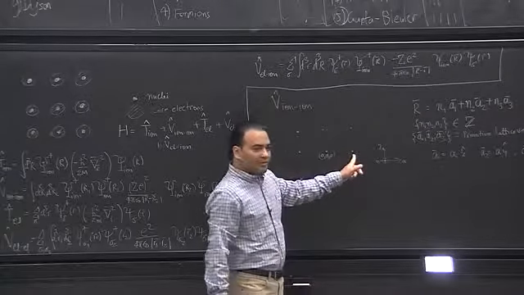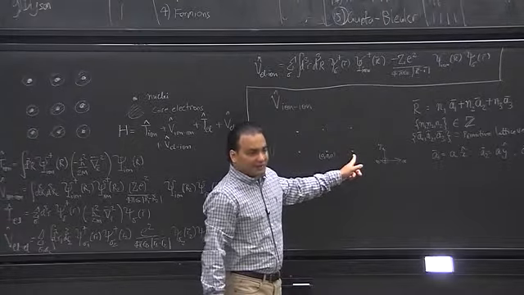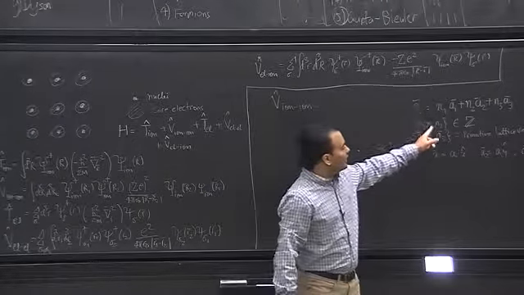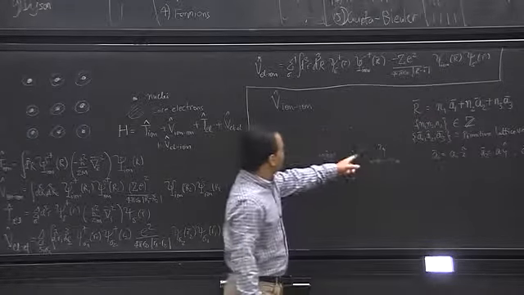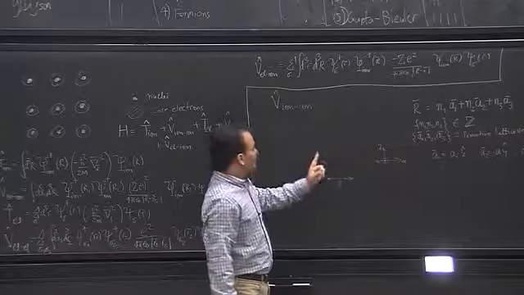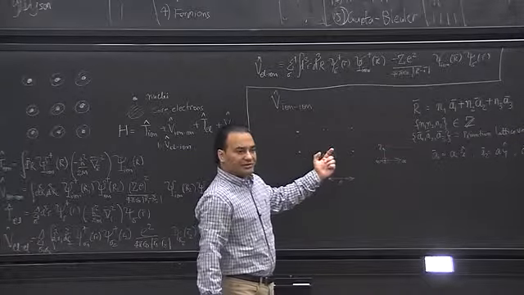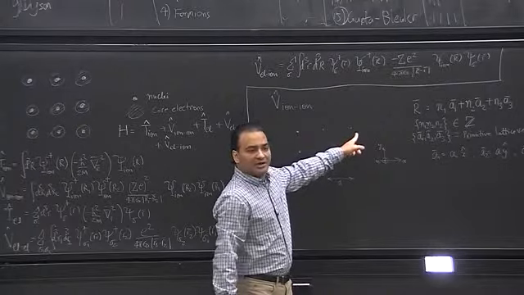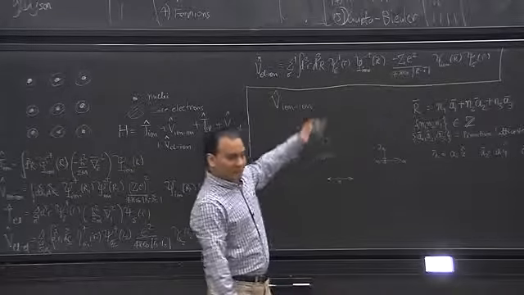For example, this point is 1, 0, 0. n1 equal to 1, n2 equal to 0, n3 equal to 0. This is 0, 1, 0. The point above it is 0, 0, 1. This point is 1, 1, 0, and so on.